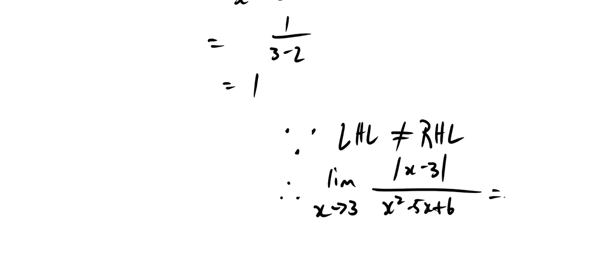So we're going to make a statement on this. Since the left-hand limit does not equal the right-hand limit, therefore, the limit as x approaches 3 of that function, we have to write the whole thing out, which is a bit of a pain, I know, but we do. x squared minus 5x plus 6 does not exist.